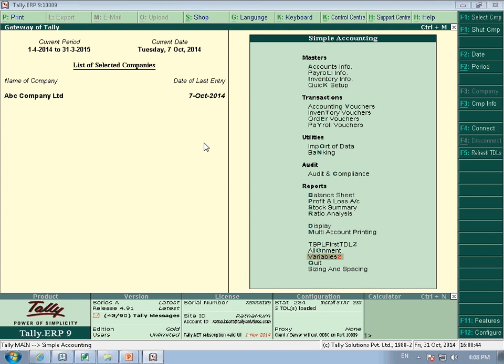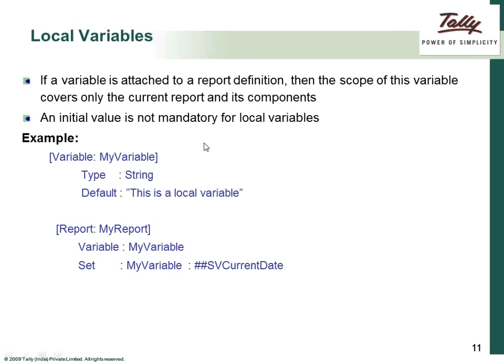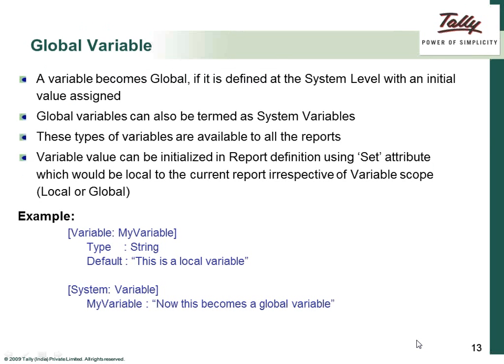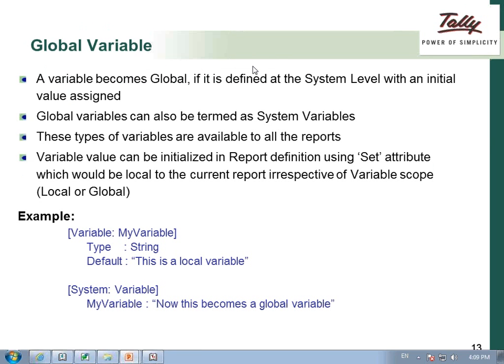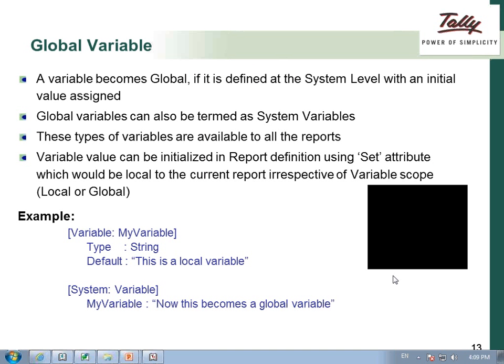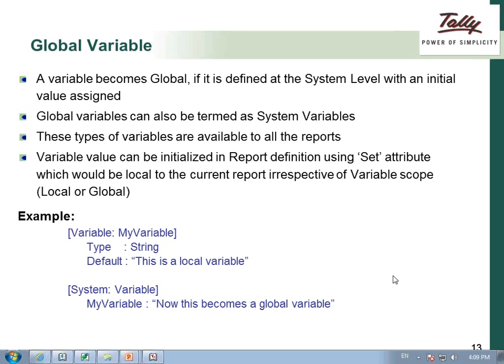So there are certain variables which are used across all your reports, and if you change at one place, it changes your entire Tally. It may just change an entire Tally. So how do we do that? So there is where the local variable comes into picture. So there is something called a global variable.